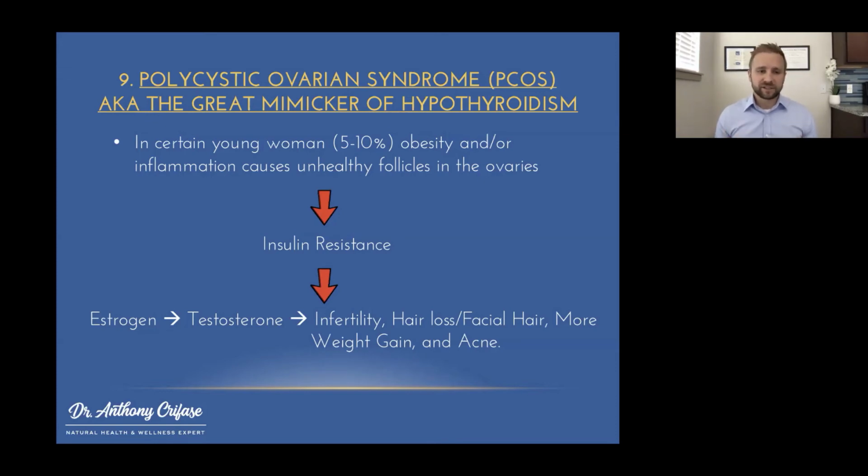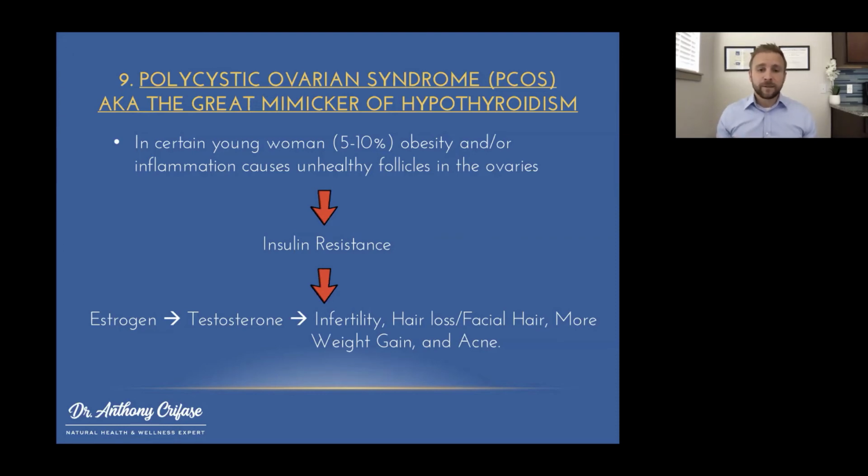It can lead to insulin resistance, and as a result, converts estrogen into testosterone. And when females have higher levels of conversion of estrogen into testosterone and in imbalanced ratios, this creates things like infertility, hair loss, facial hair, weight gain, acne, which are all very common symptoms of PCOS in females who are dealing with these types of things.